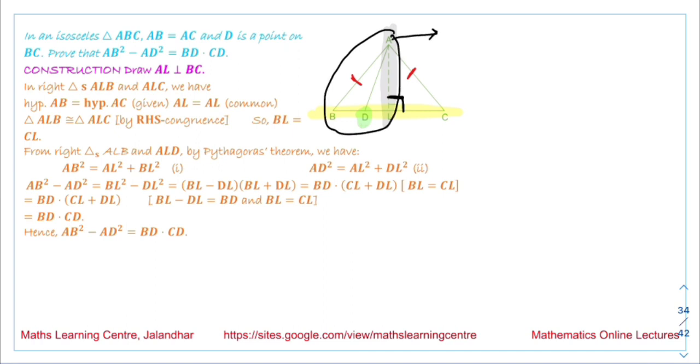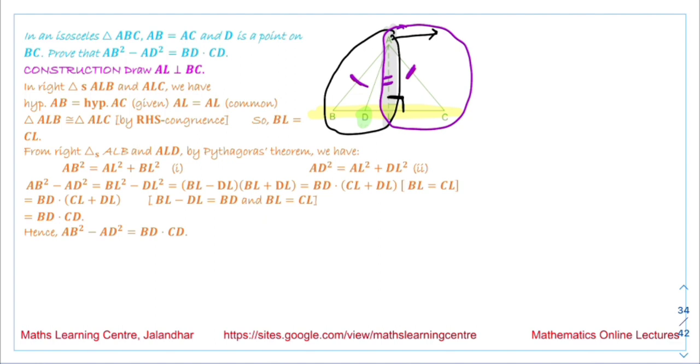In this triangle, AB is the hypotenuse, and it is equal to the hypotenuse of the right angle triangle ALC. These two hypotenuses are equal to each other, and AL is the common side over here.